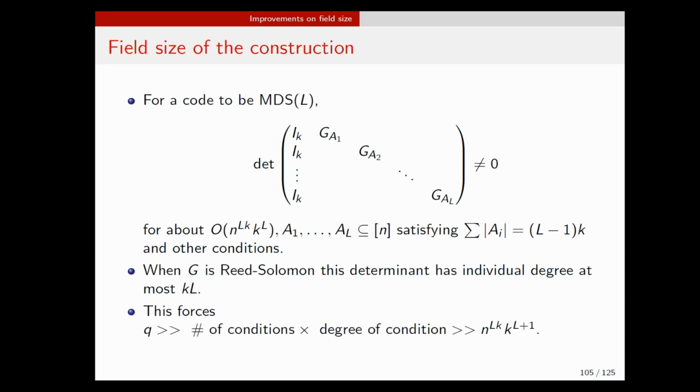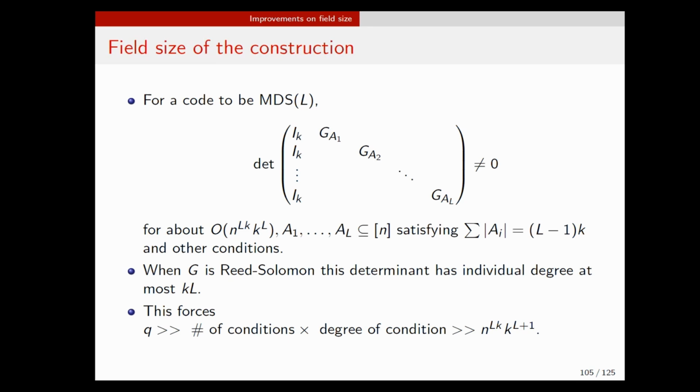That forces q, the field size, to be bigger than the number of conditions that I have, which is n to the L over k, times the degree of the condition, which is k times L. And that forces the field size to be about n to the L over k, which is really bad. I'm saying exponentially large fields are needed if I want to actually initialize the Reed-Solomon code to be MDS-L or LD-MDS-L.